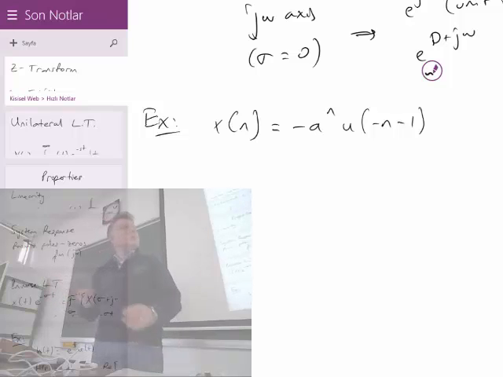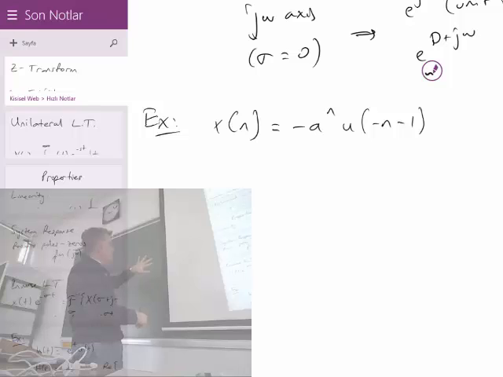Okay? So, first let's think of this. When does it converge? For which values of a do we have a convergent sequence? Less than 1. If a is less than 1, think of it like this. Then it will be a decaying exponential. And this thing, u of minus n, is expanding to the left-hand side. So if a is less than 1 in magnitude, then it will be increasing in that direction, towards the left.